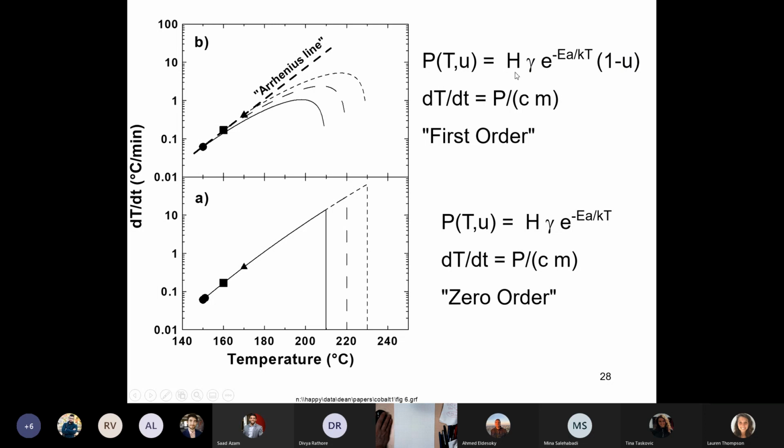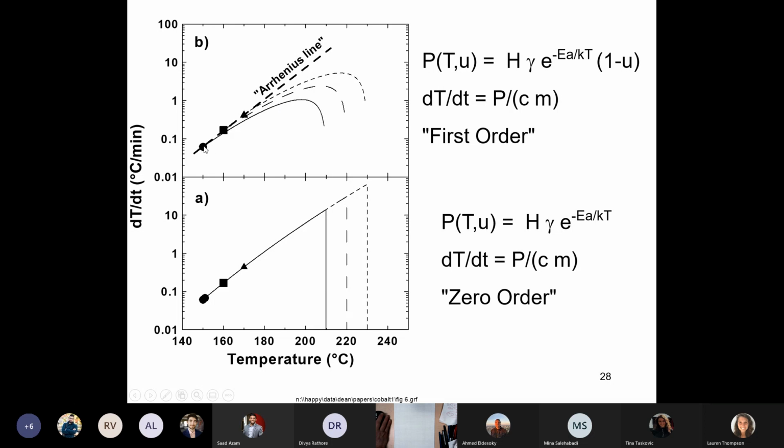And then all you have to do is recognize that the self-heating rate is the power divided by the specific heat times the mass of the sample. So you can calculate the self-heating rate. That gives you a change in temperature. You can calculate a new temperature, and you can calculate a new change in U. And you can get these curves.